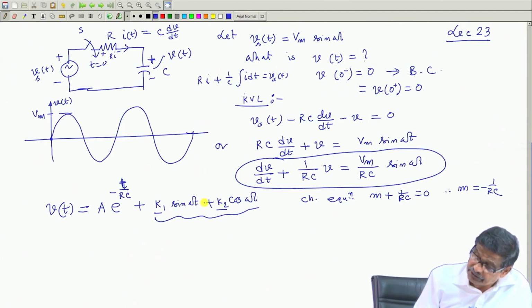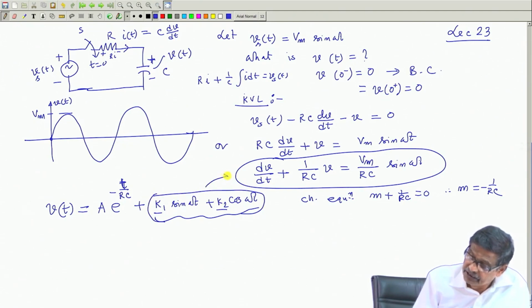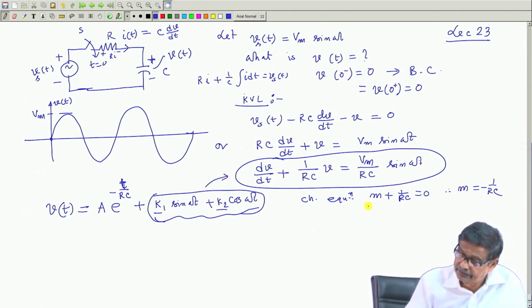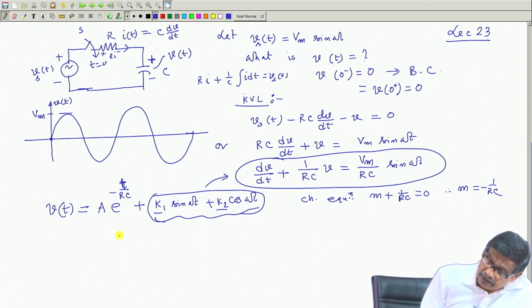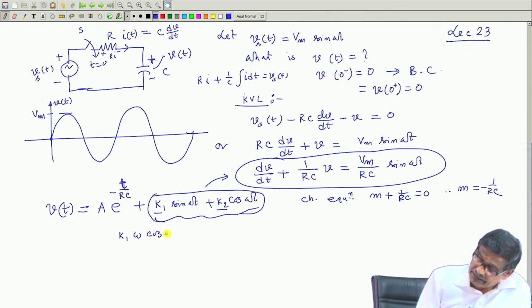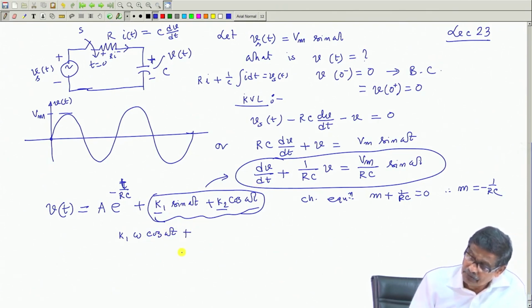So, put this solution into this differential equation and it will satisfy this one. So, it will be k1 omega cos omega t, plus 1 over RC into k1 sin omega t plus k2 cos omega t.